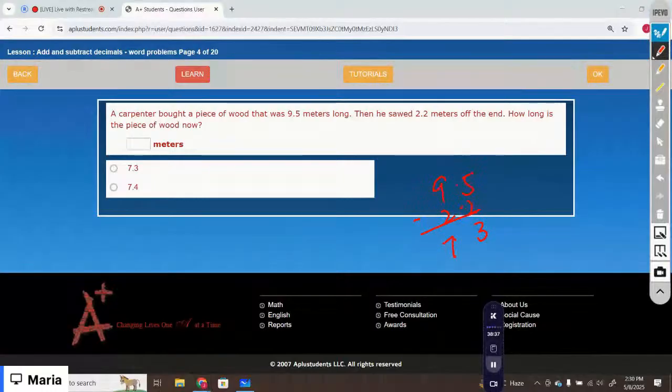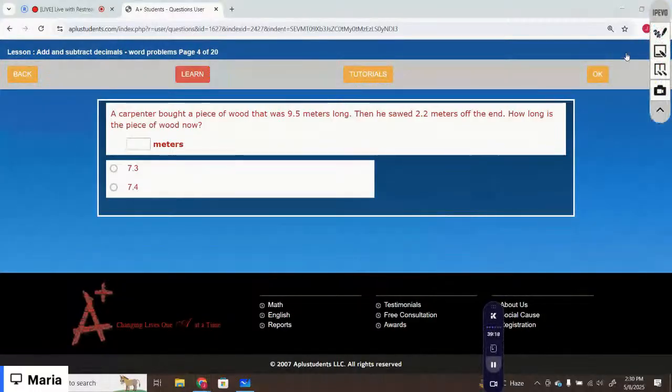That is 7.3. Option number 1 is the correct option.